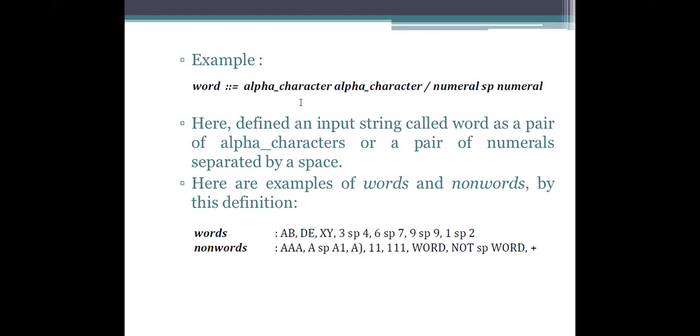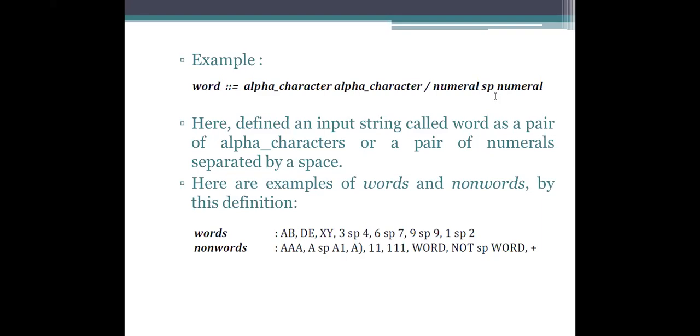Two alphabets will be the correct input values, and if you are using anything other than two alphabets, such as two numbers or two symbols, it will be specified as a wrong input for the first definition. And coming to the second definition, you can use the two numerals which have been separated by a space here. How am I going to specify a space? By using the word representation SP. SP means there is a space between the two numerals here.